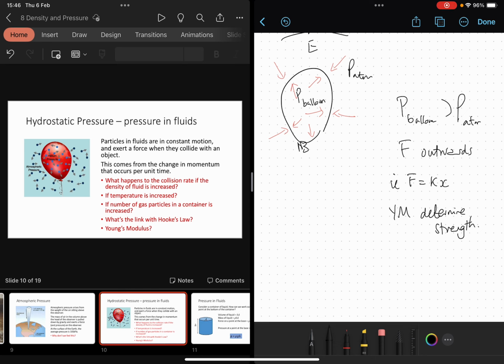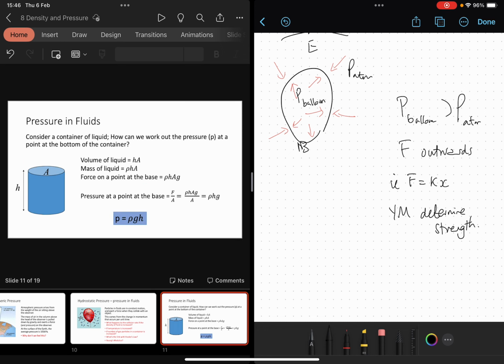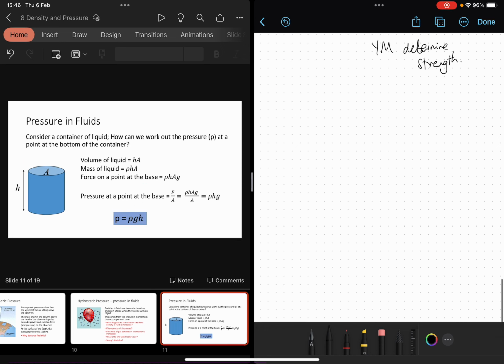So is it possible then to quantify and calculate the amount of hydrostatic pressure that exists? The answer is obviously yes. So on the left, you've got a little derivation and an equation. So let's consider that we've got a container full of liquid.